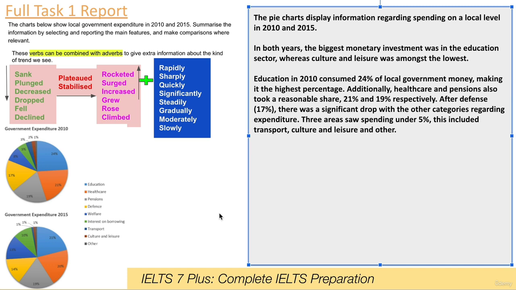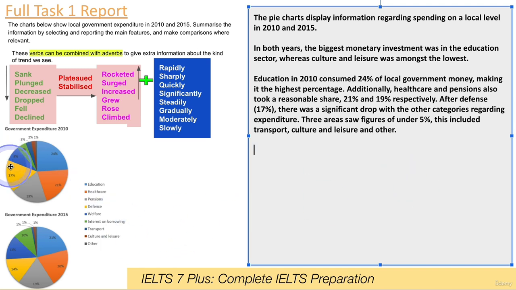After defence, there was a significant drop with the other categories regarding expenditure. 3 areas saw spending. Spending, that might be okay. Saw figures of under 5%. This included transport, culture and leisure, and other.